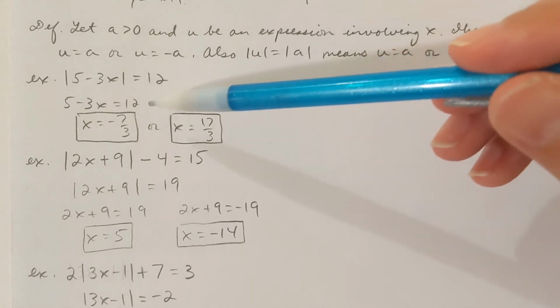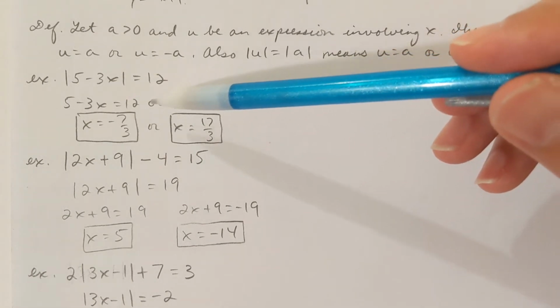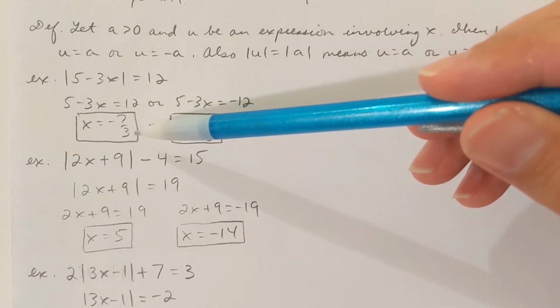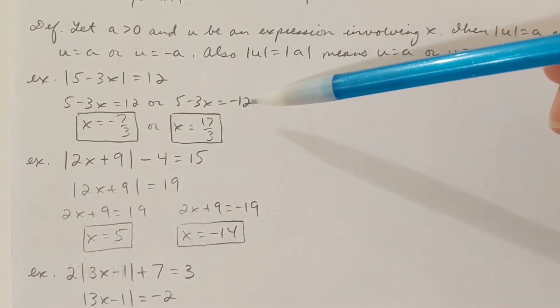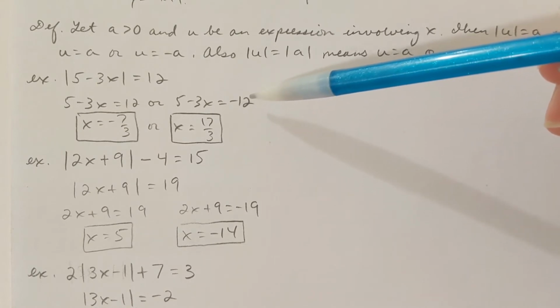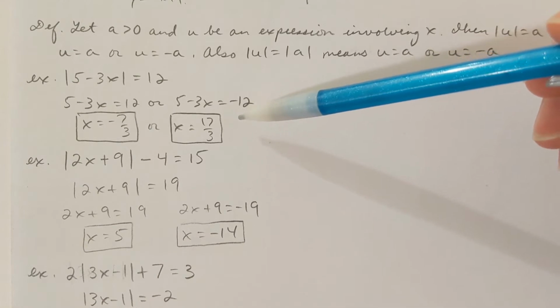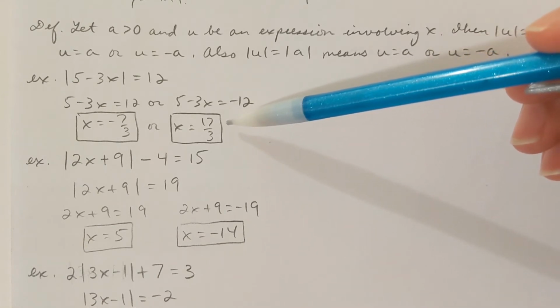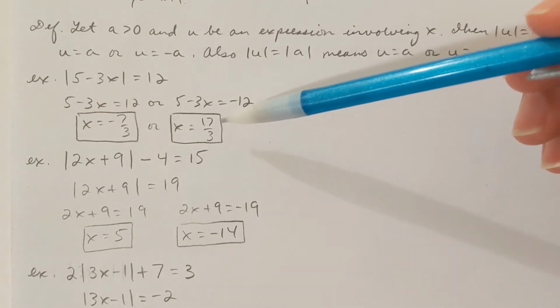Subtract 5 from both sides. So negative 3x equals 7, divide by negative 3, x is equal to negative 7/3. Over here, negative 3x equals negative 17, and so x is equal to negative 17 divided by negative 3, which is 17/3. Now both of these are going to be answers.